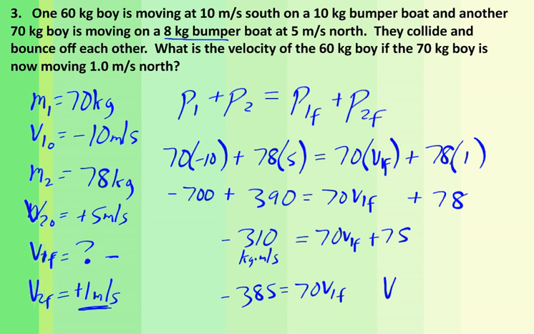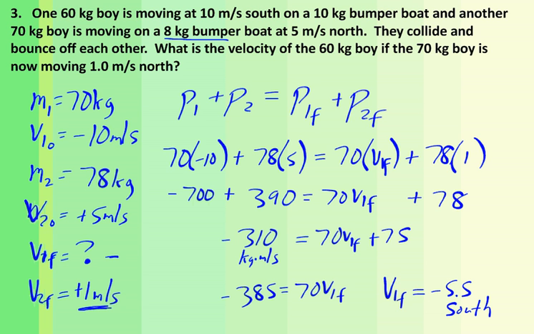And we end up with the final velocity of that kid being 385 divided by 70. It ends up as negative 5.5, and negative would be in the south direction.